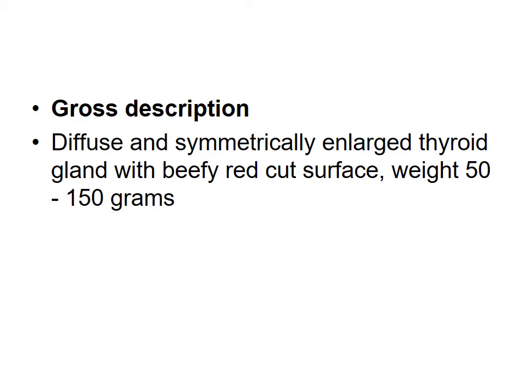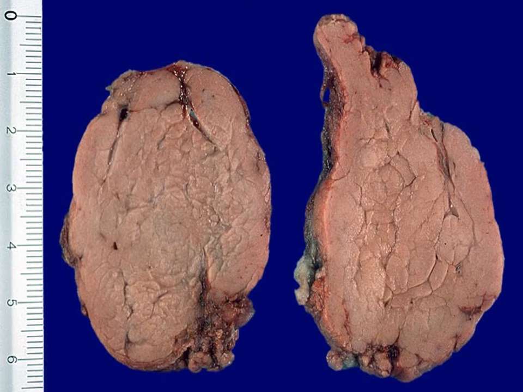Grossly, the thyroid is diffusely and symmetrically enlarged with a beefy red surface, and it weighs 50 to 150 grams. This is the gross picture of a cut surface of a thyroid, which shows a lobulated and beefy red cut surface with intact capsule.